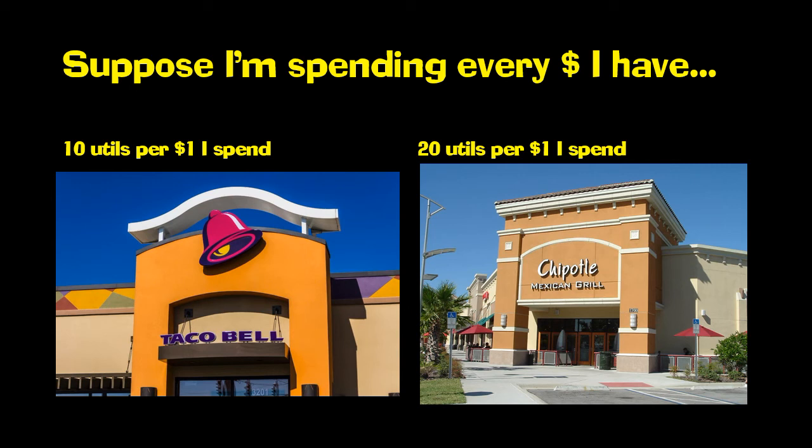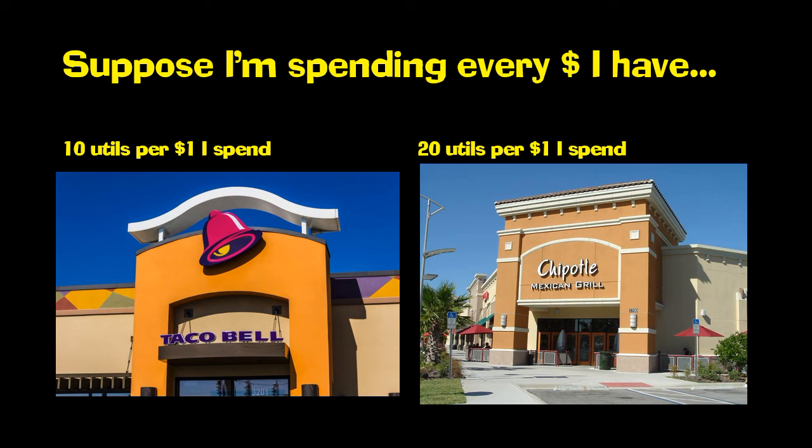Well, that's 20 plus 20 plus 10 plus 10, that's 60. If I just go to Chipotle, I can do better than that. So I should take a dollar away from Taco Bell and give it to Chipotle. And every time I do, I'm gaining all this utility at Chipotle and not giving up as much utility at Taco Bell. I'm doing better.